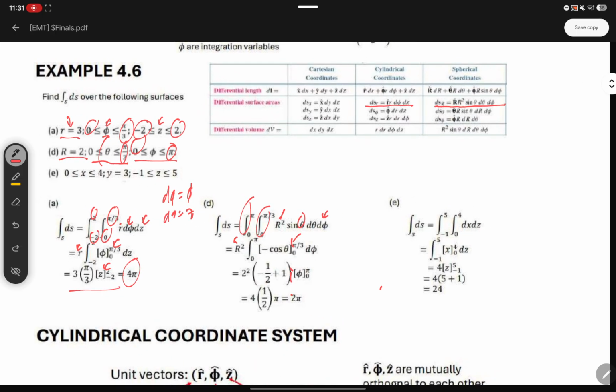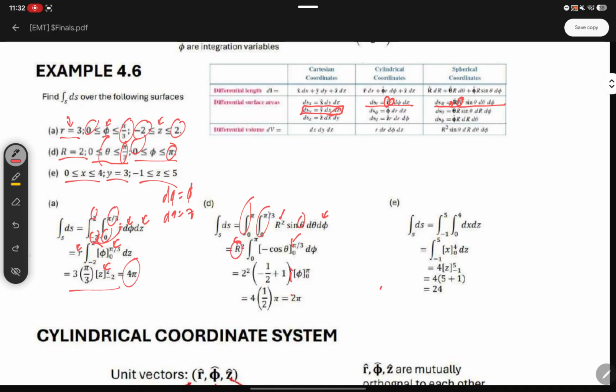Now for the final one, x is being changed, y is not being changed, z is being changed, so we take this. Notice here, if it's r hat and we have r, we put the r out. If it's r hat and r squared, we put the r squared out.